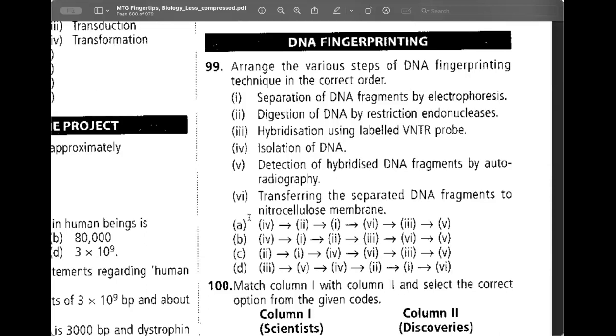That's the perk of these kinds of questions. If you know that we first have to isolate, then digest, and then separate, you know that 4, 2, and 1 has to be the starting sequence. There is only one option like that, which is option A. There is no other option like that. Make sense? I'm just telling you some tricks to do better in entrance exams.